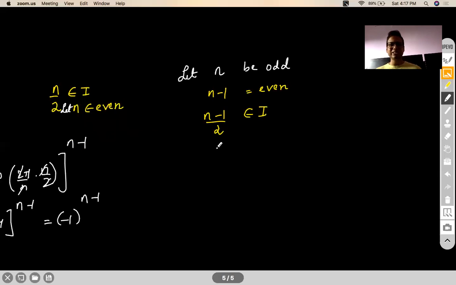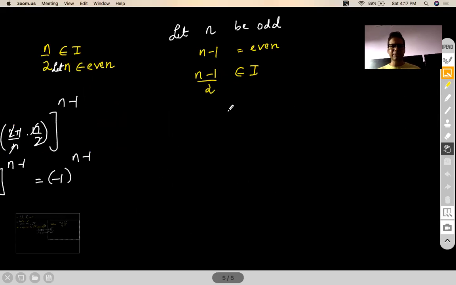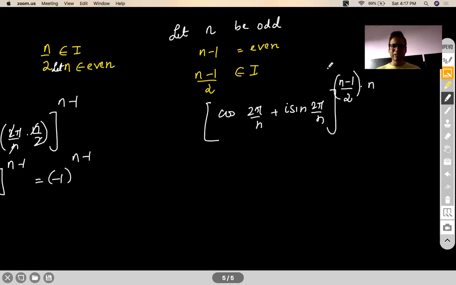Then what I will do is the same expression, let me write it again: cos 2 pi by n plus i sine 2 pi by n. I will take n minus 1 by 2 in the forefront, and this will become an integer. So this will be multiplied to the argument. So see what will happen.